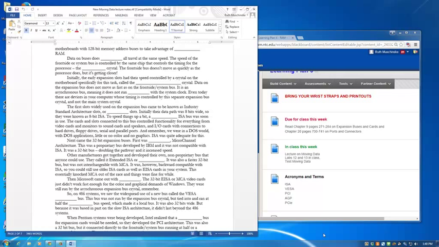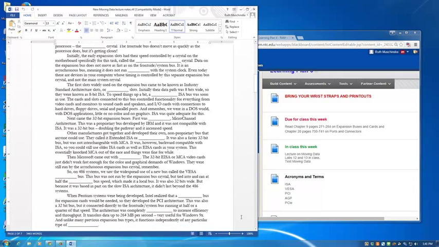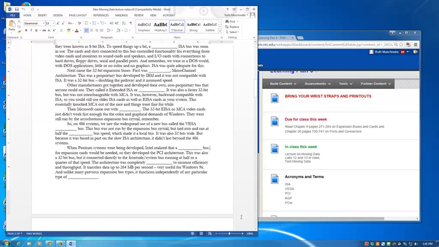When Pentium systems were being developed, Intel realized that a faster bus for expansion cards would be needed, so they developed the PCI architecture. This was also a 32-bit bus, but it connected directly to the front side or system bus, running at half or a quarter of that speed.